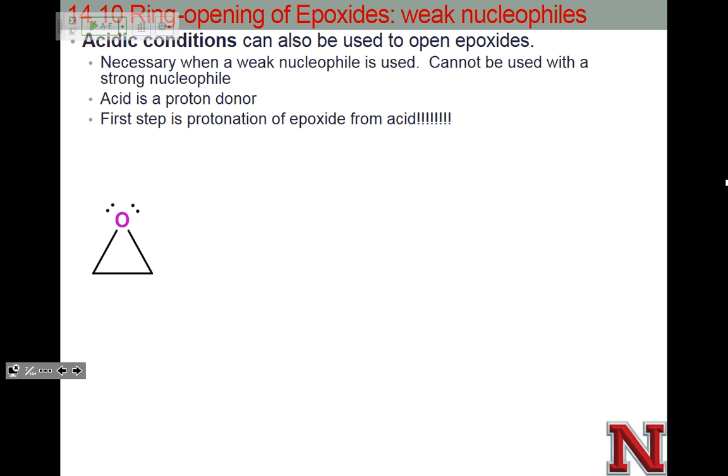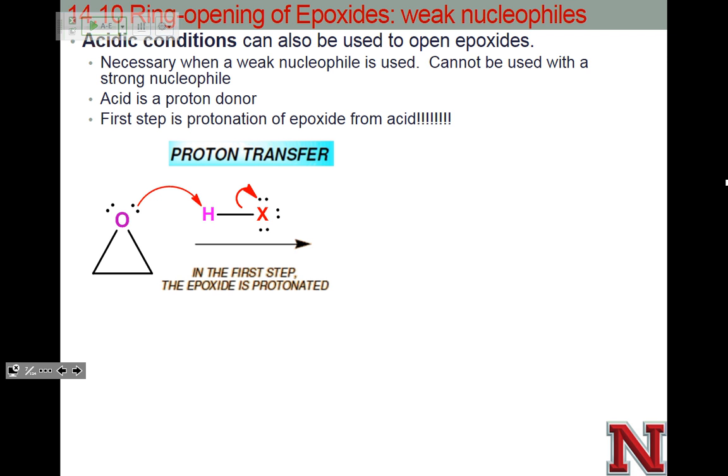So we can make this reaction faster by promoting it with reacting with acid first. This is actually the reaction we did with the anti-dihydroxylation, where we first made the epoxide and then reacted it with H3O+. In that case, we're protonating our oxygen first, and this is going to make that oxygen a good leaving group, because now it has a positive charge and it's going to leave neutral.